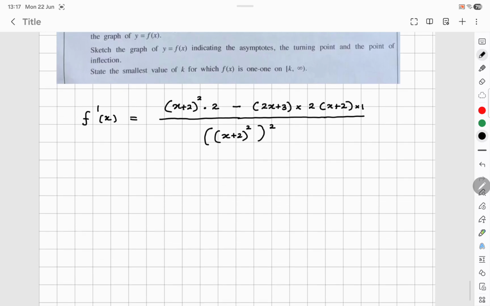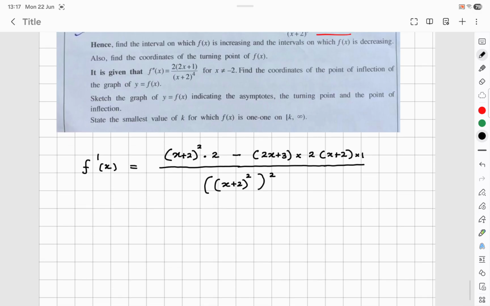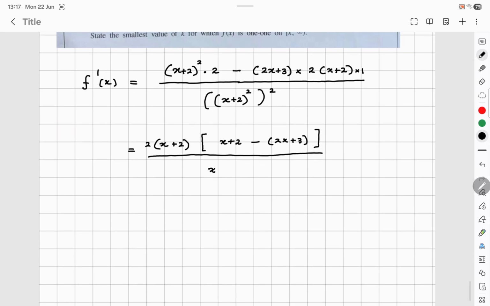So now let's simplify and get that. So take x + 2 out, no? 2 and x + 2 both we can take out. That is common from the numerator. So you are left with x + 2 from the first term, and in the second term you are left with minus (2x + 3), divided by (x + 2) raised to the 4th power.